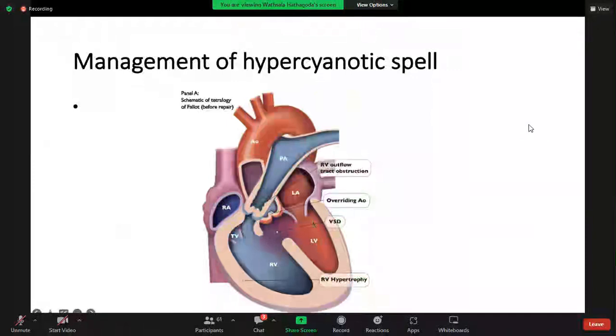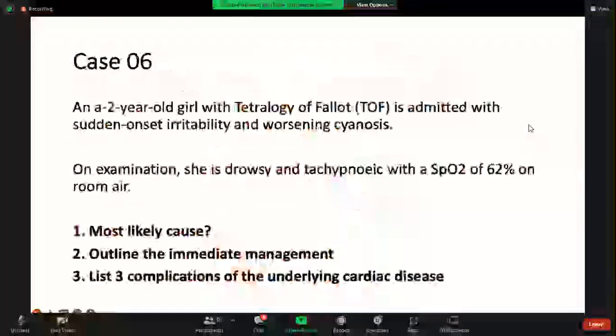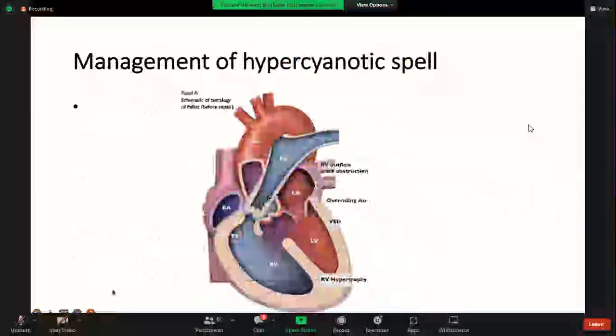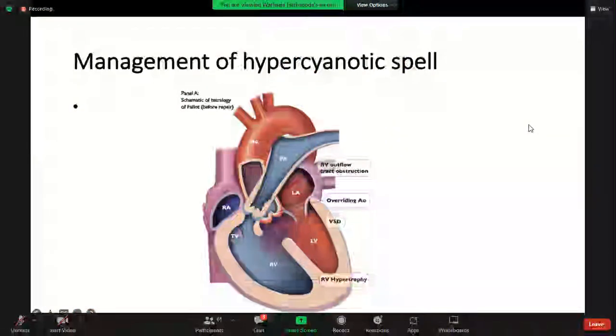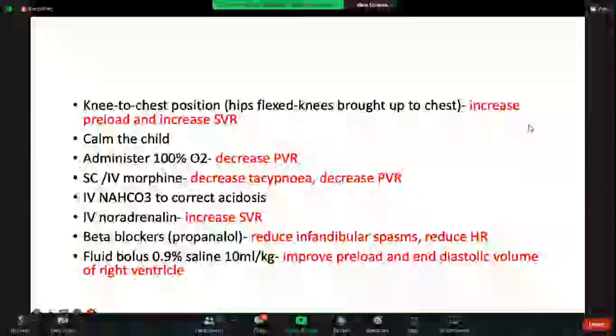So how would you manage this? Management: you have to reduce shunting from right to left. So what you have to do is increase the pressures on the left side and reduce the pressures on the right side. What actions can you take? First thing, we ask them to keep the knee-chest position.